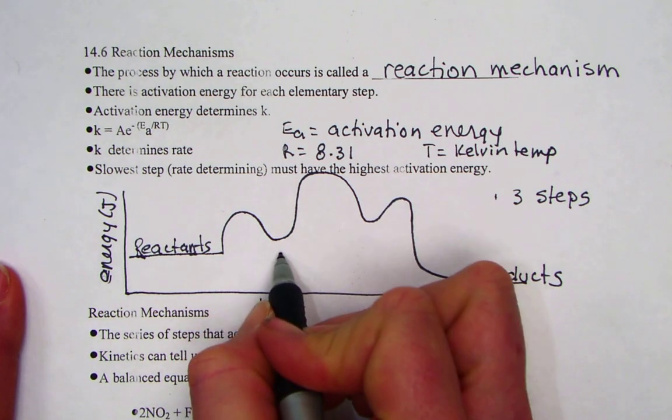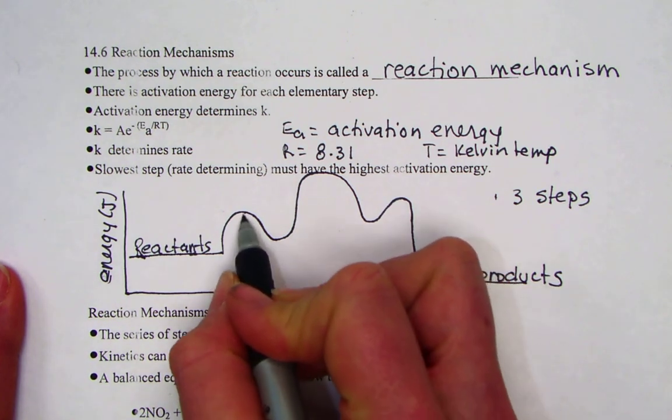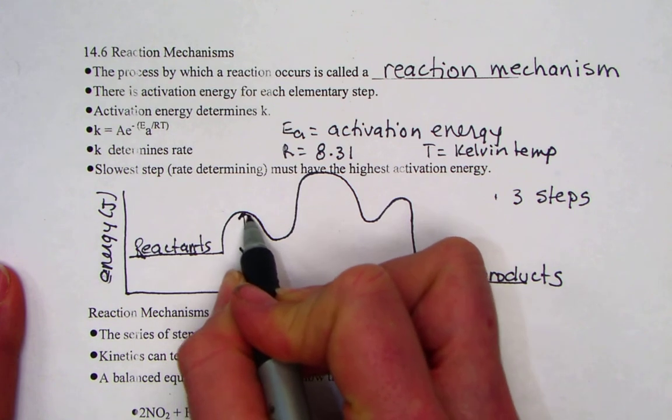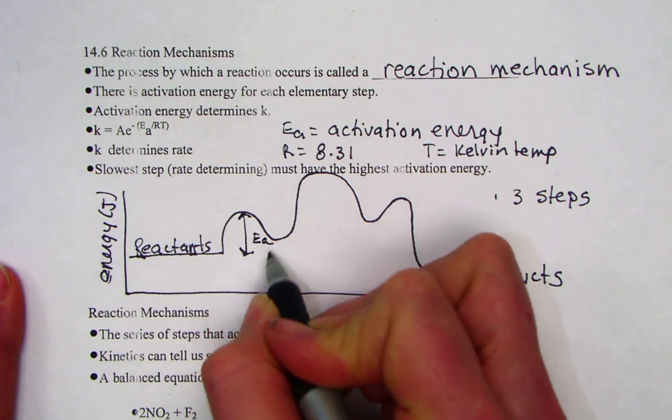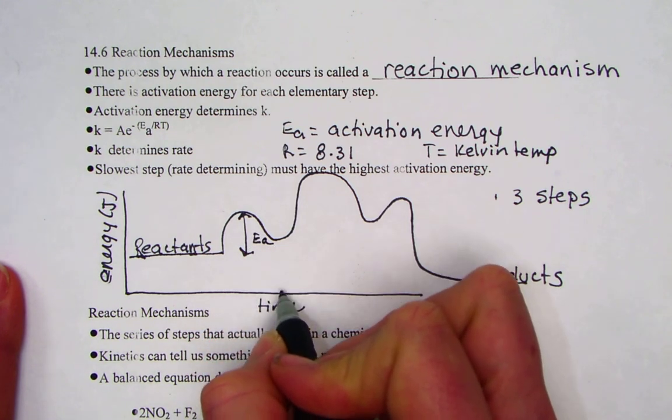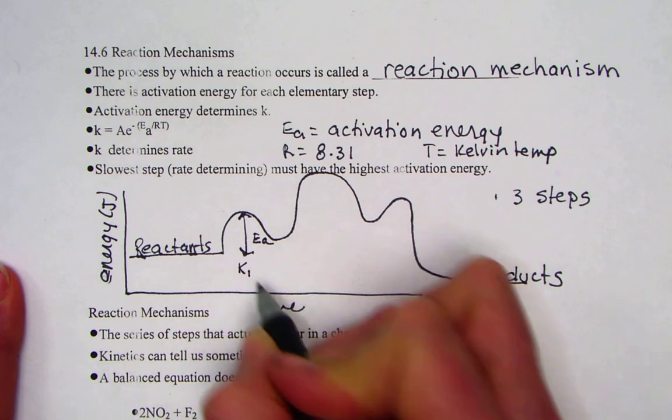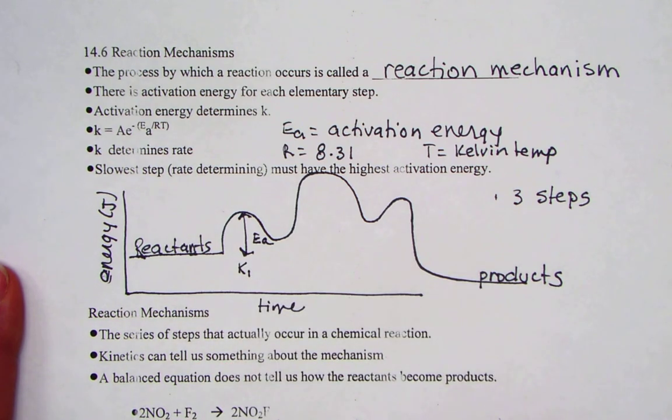In this first energy barrier, from the beginning of the reactants to the top of that hill, we could list the activation energy for our reaction 1. This would have a value known as k1, the rate constant for the first elementary reaction.